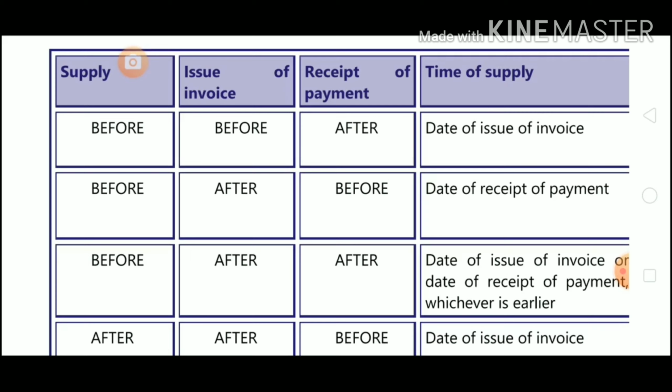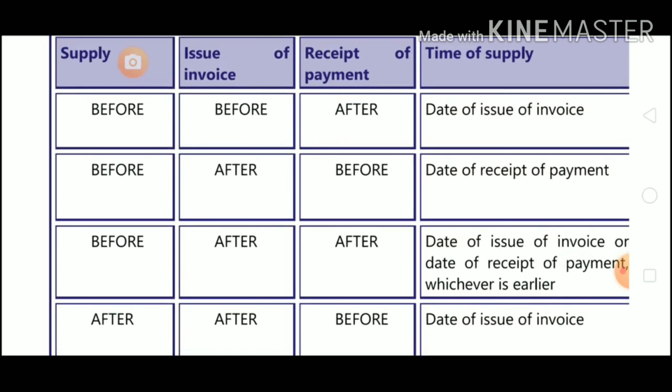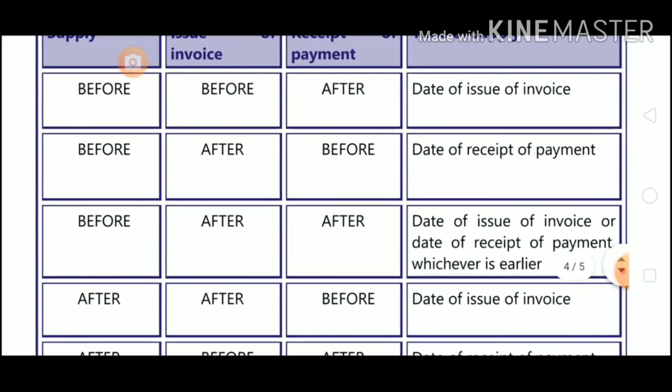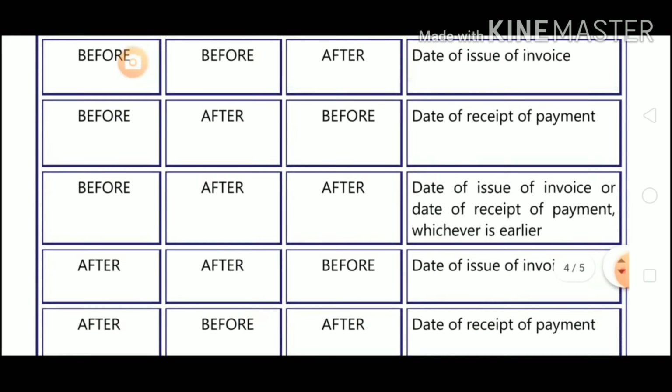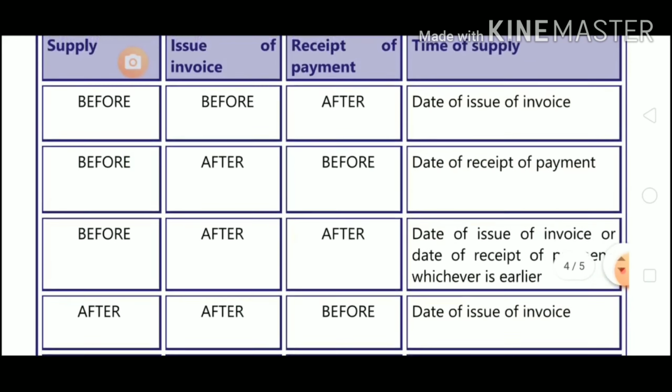Third case, two events are taking place after change in rate of tax, invoice and payment. So obviously we'll take the new rate, and in this case time of supply will be invoice or payment, whichever is earlier. Next case is two events are taking place after, like supply and invoice issued after change in rate of tax, so new rate and time of supply will be the date of issue of invoice.